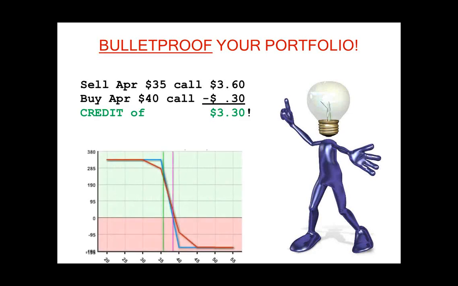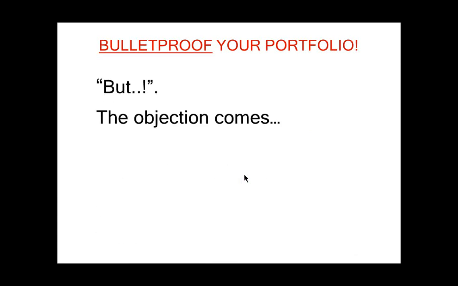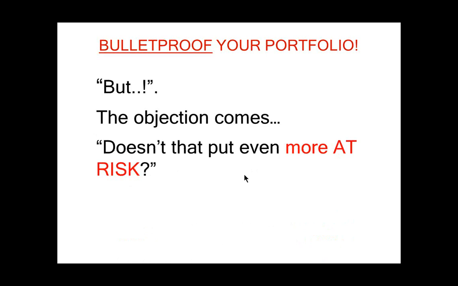And this is the graph of it. I'm actually in the black up here, and then I'm in the red if the stock goes up above $38.30. Once it starts going up above that, then I'm having to pay back for having got into this position. I know we also say, doesn't that put even more at risk?